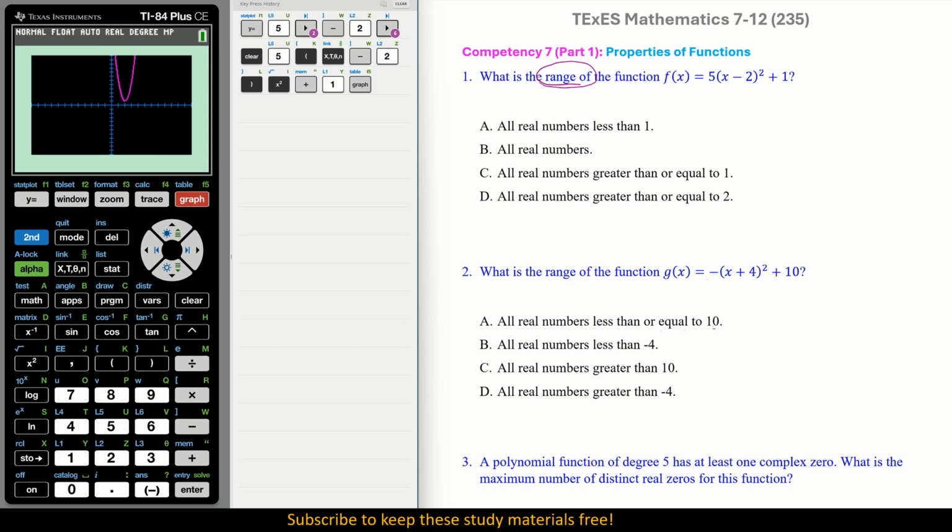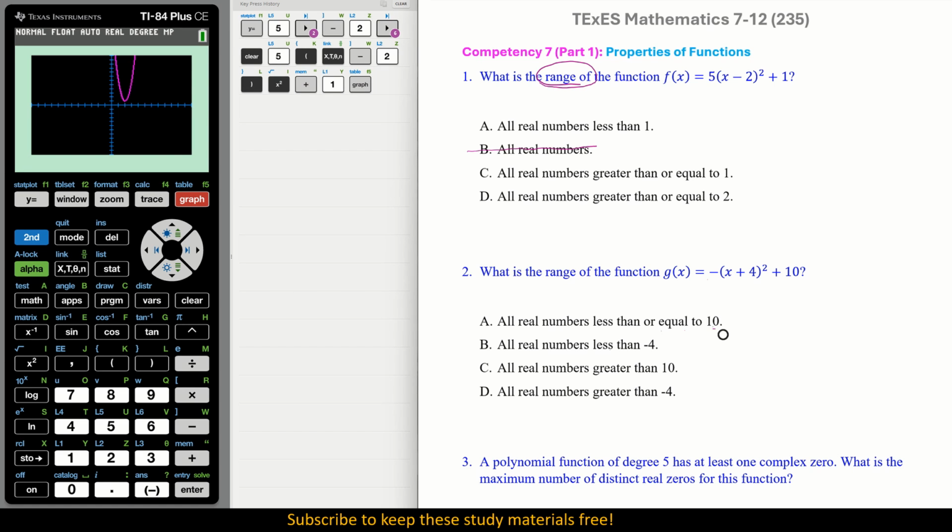So let's look at our options. First off, if we're looking at the y-axis, everything underneath is not used, none of those values. So we can't say all the real numbers relating to the y-axis. It definitely isn't all of them.